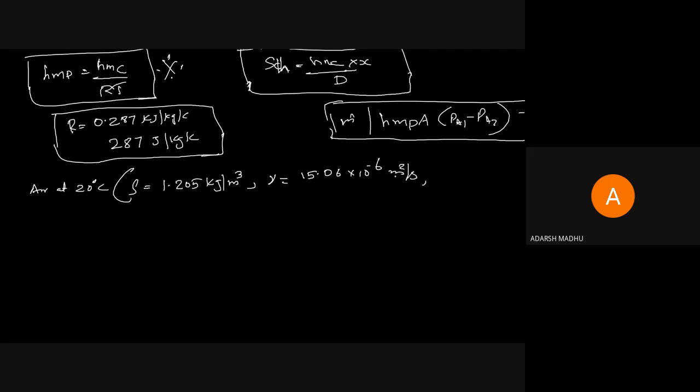If the question doesn't say otherwise, we can take the value given. Diffusion coefficient D equal to 4.166 into 10 power minus 5 meter square per second. Bracket close. Flows over a tray.